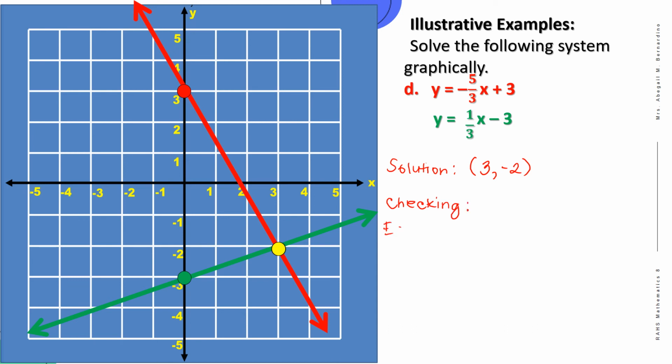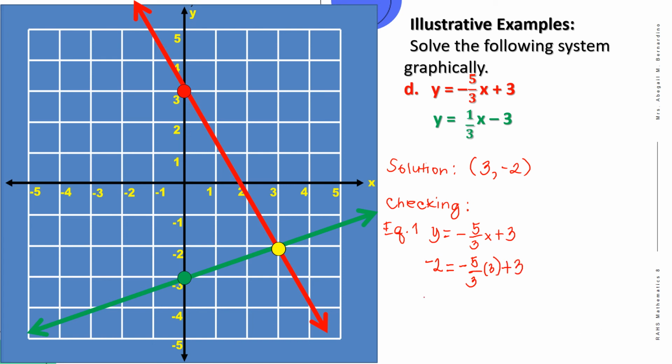So, equation 1, we have y equals negative 5 over 3x plus 3. We're going to substitute the value of y, which is negative 2, and we're going to substitute the value of x, which is positive 3.